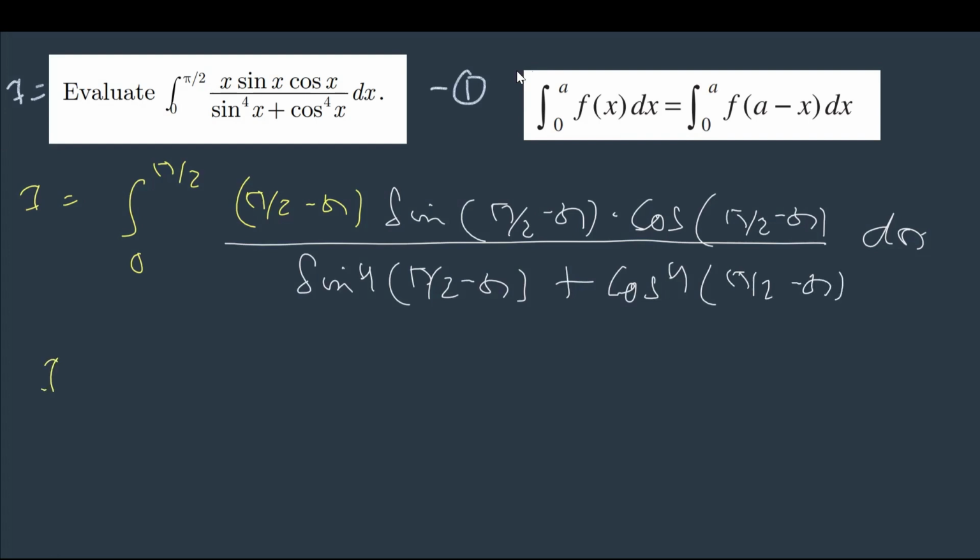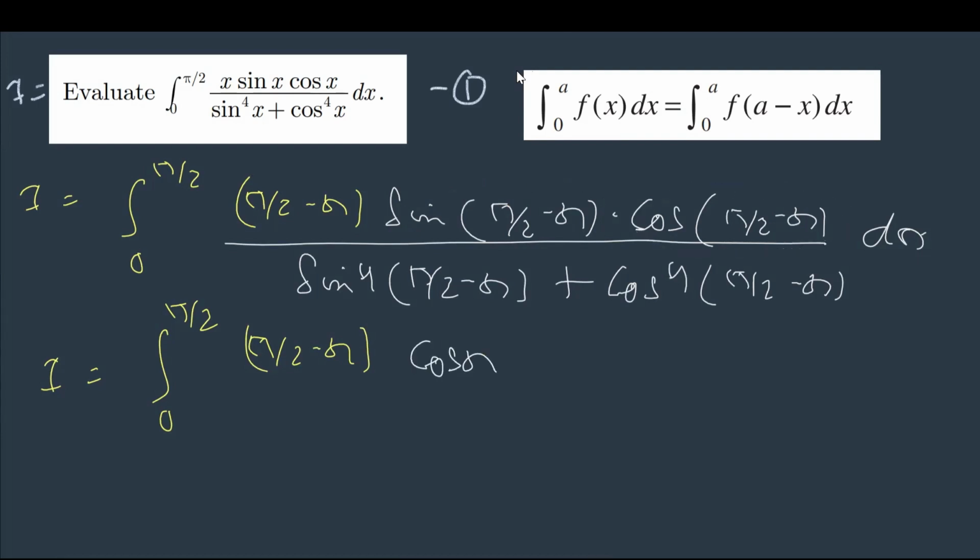This is I is equal to integration 0 to pi by 2. Now, let's write down this first, one more step. Sine 90 minus theta is what? Cos theta, right? So this is cos x.